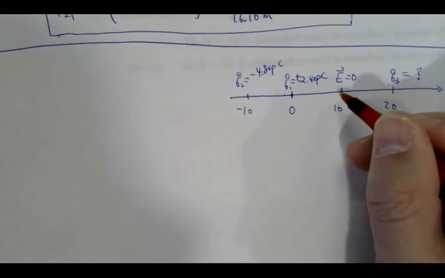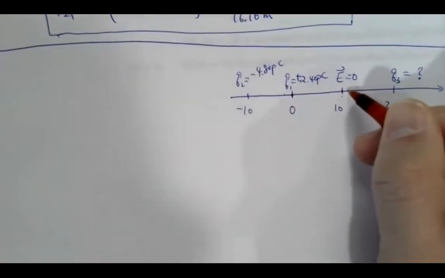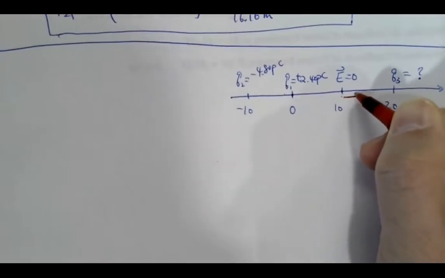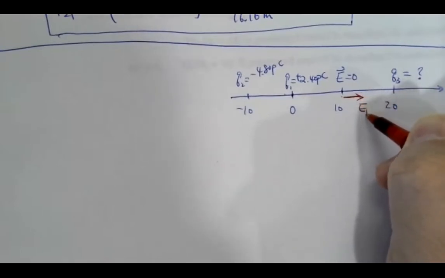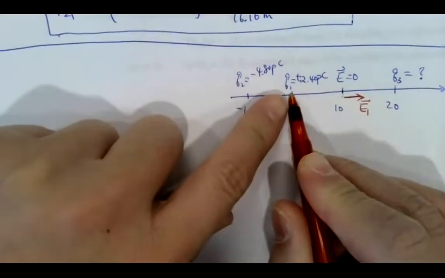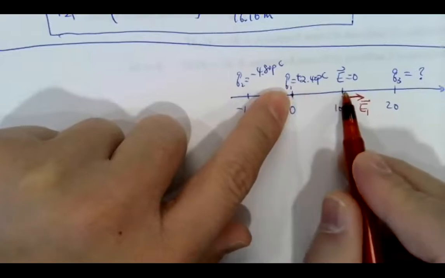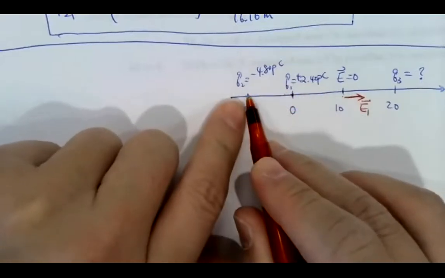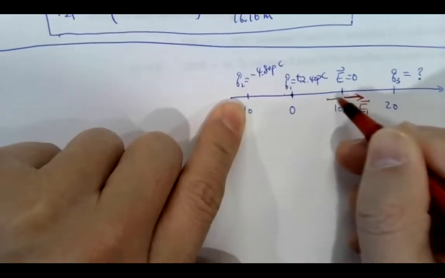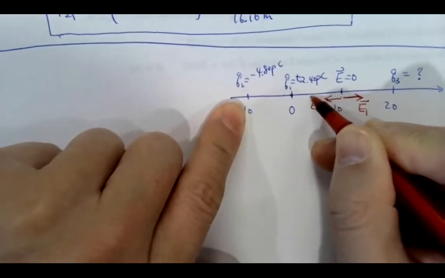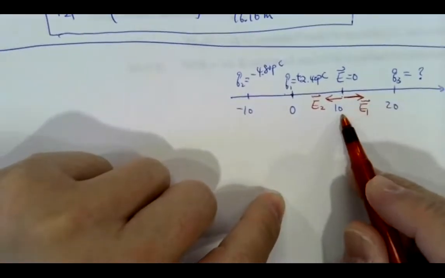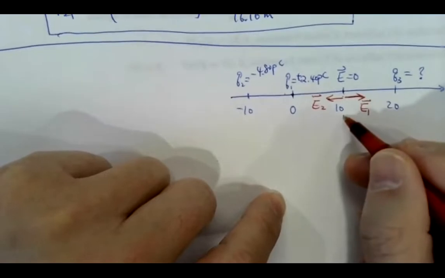For Q1, it will produce an E field at this point pointing in that direction, E1, because Q1 is positive. The electric field by a positive charge points away from it. Q2 is negative, so the electric field produced by Q2 at that point will be in this direction. And then you would have an E3.